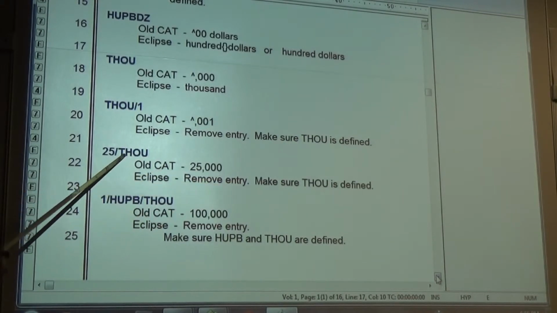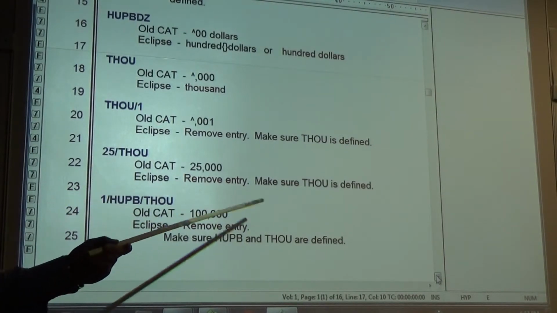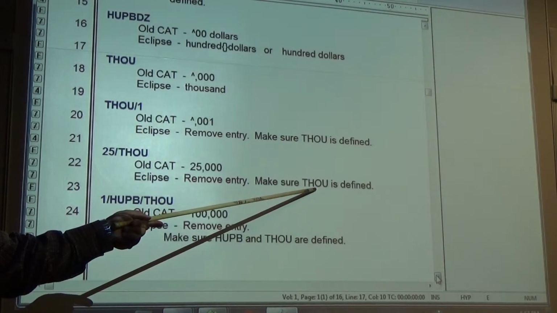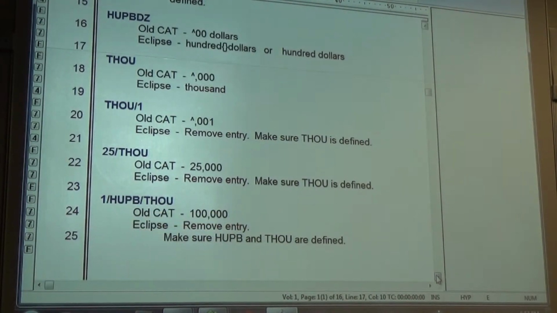You don't have to define 25 anymore. It should already be done. And just define 1,000. Got it? 100,000, same way. 100,000 defined separately. The one already in your dictionary should already be in your dictionary.